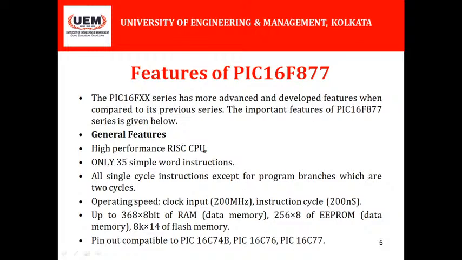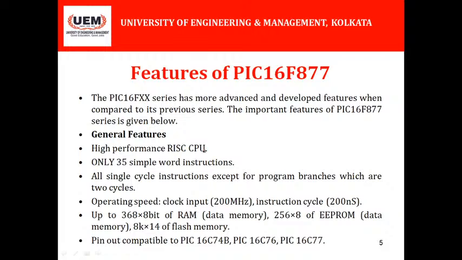Only 35 single word instructions. So how many instructions are available? Only 35 single word instructions are available in this microcontroller. All are single cycle instructions except for program branches, which are 2 cycle.